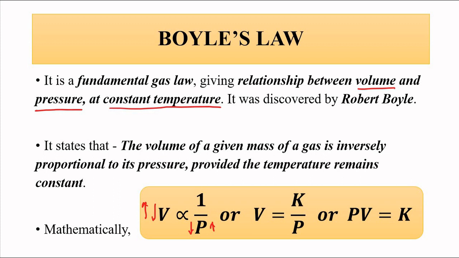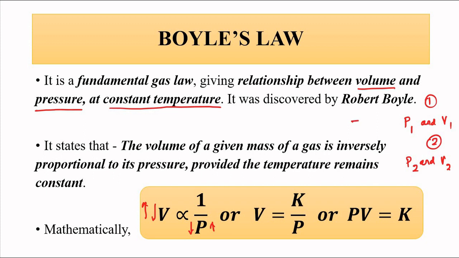we have two thermodynamic states. At constant temperature, temperature is kept constant. Let's say in state 1, pressure is P1 and volume is V1. And in state 2, we have pressure is P2 and volume is V2.